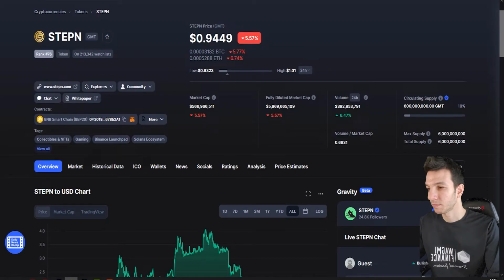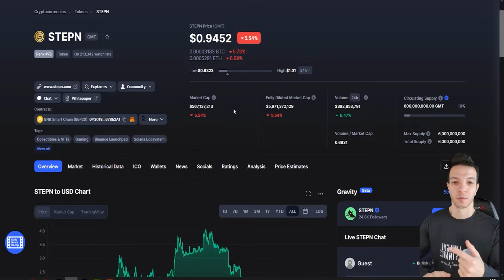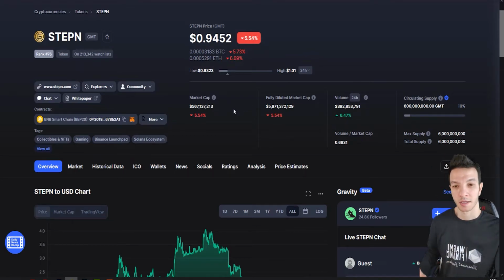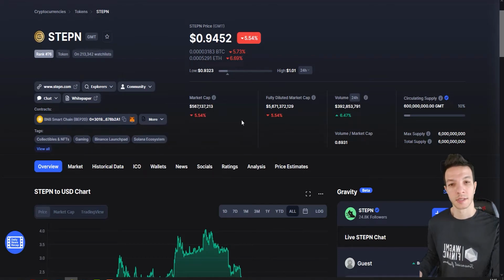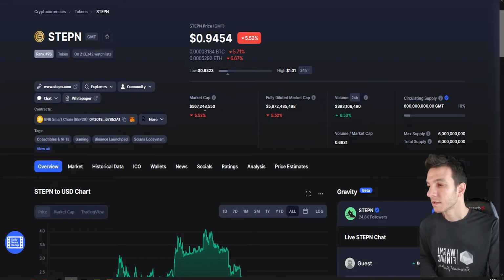The market cap was around $56.7 million, because every time you want to double your money, every time you want to double the price of a project, the market cap should also be doubled, which also means that more investors should come to that project and put their money there. Otherwise, how should the market cap be increased? So now it's at around $567 million.